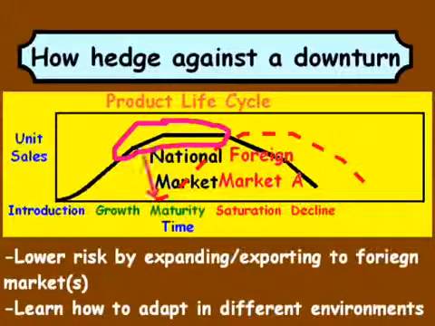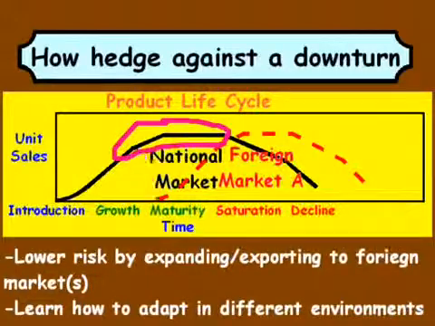We don't want to wait till we're saturated or in decline to start pursuing that because it's more difficult in that segment because our competition may have already entered that market as well.